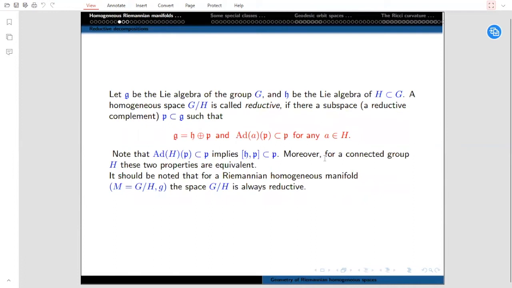Okay. Now, what is a reductive space and why is it important?